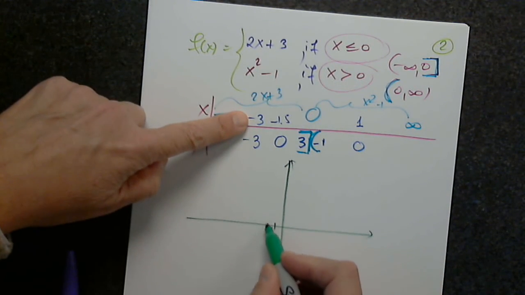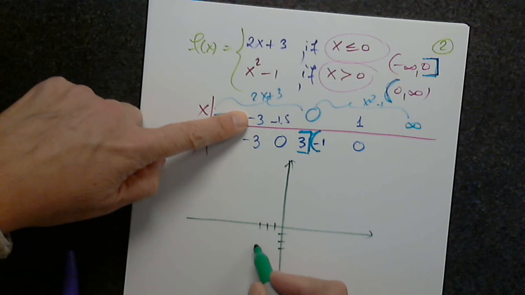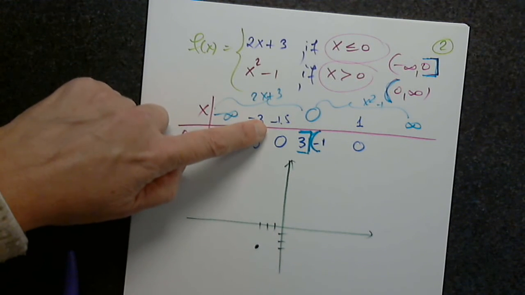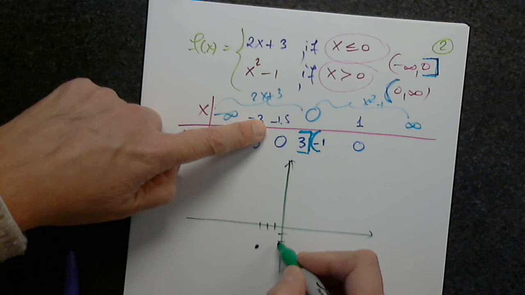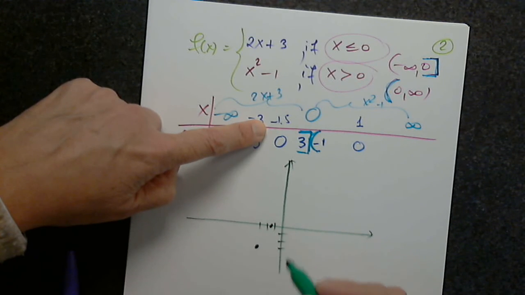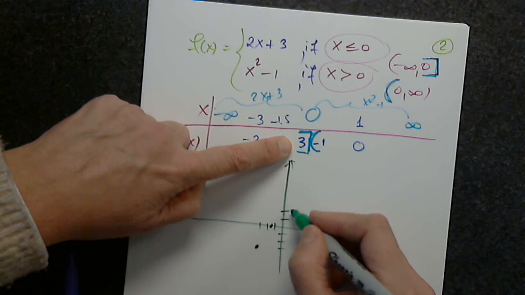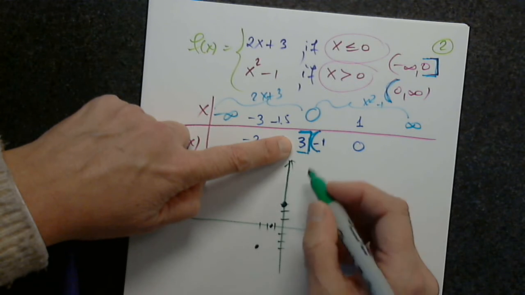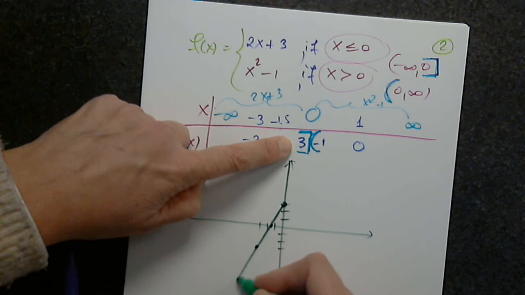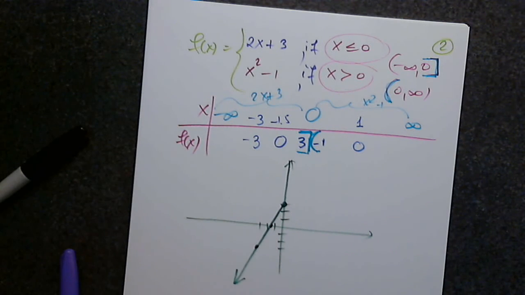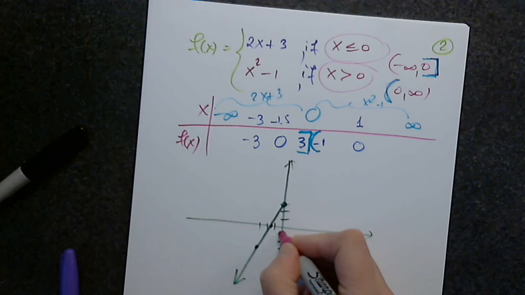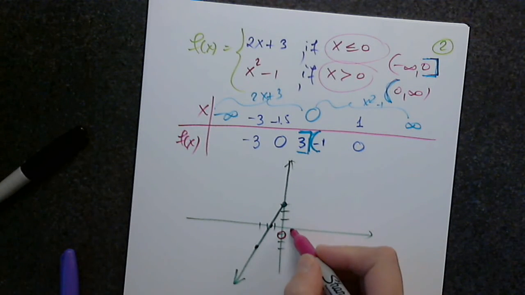Negative 3, negative 3. Negative 1.5, 0. And 0, 3. Full point. You cannot extend this graph to the right. Now on the other side, I have 0, negative 1, which has to be an open point, and I have 1, 0.